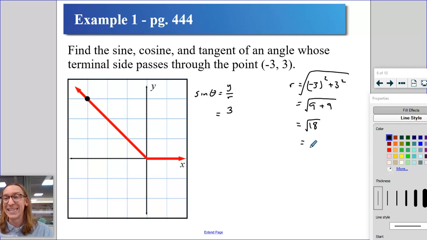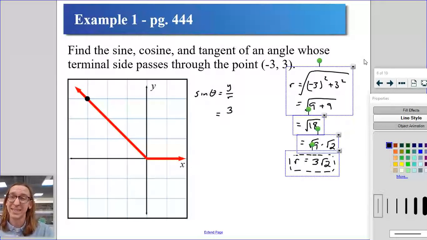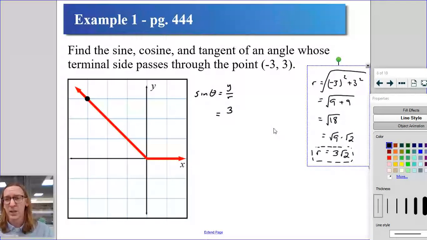The square root of 18 can be simplified because it has a perfect square factor of 9. The square root of 18 simplifies to 3 root 2. You should be simplifying your radicals. Just like I'm asking that you rationalize your denominators, you should also be simplifying your radicals. This one simplifies to 3 root 2.